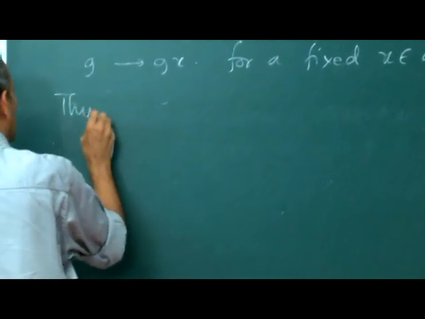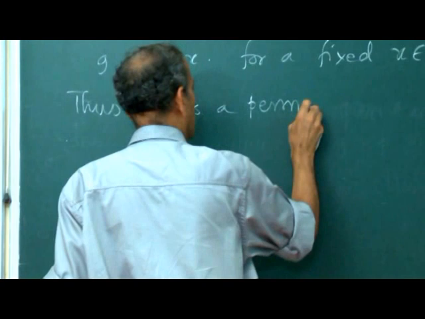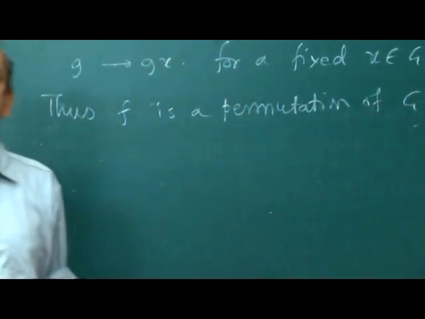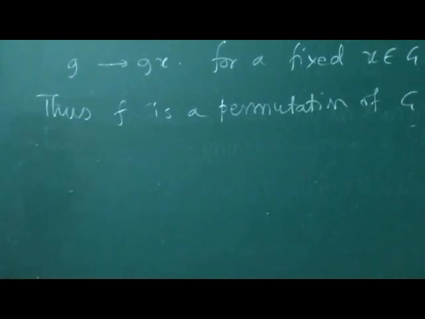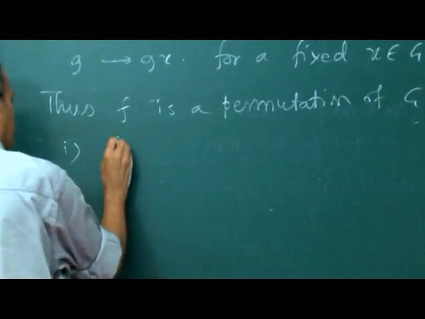Then f is a permutation of G. What do you mean by permutation of G? That means it is a bijection. Permutation means it is onto and it is injective. So case 1, you have to show that f is onto.